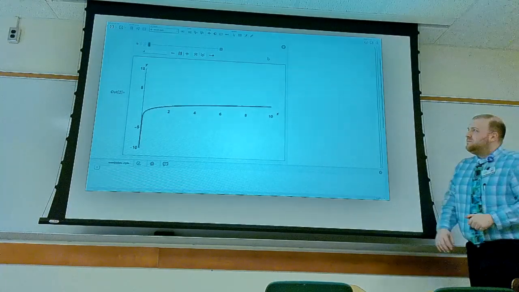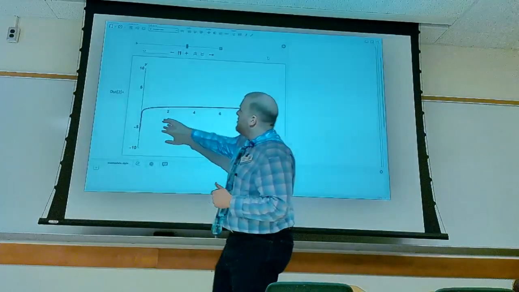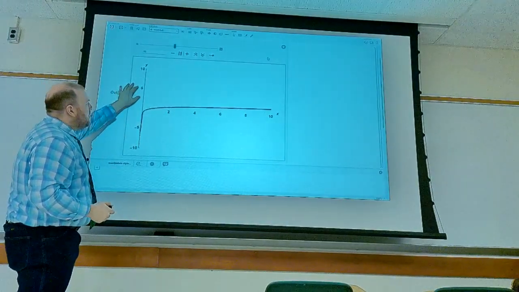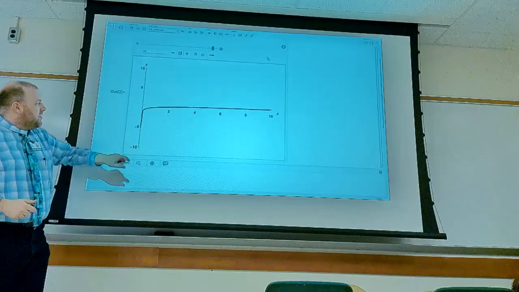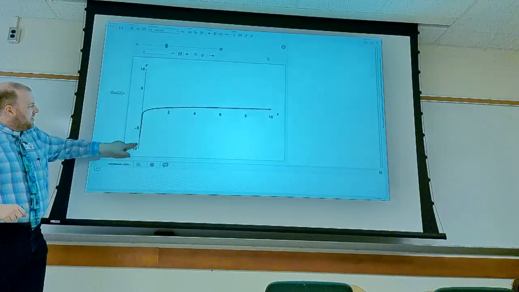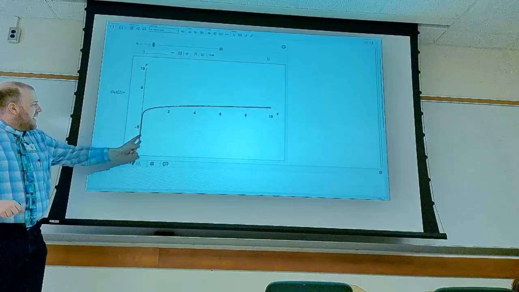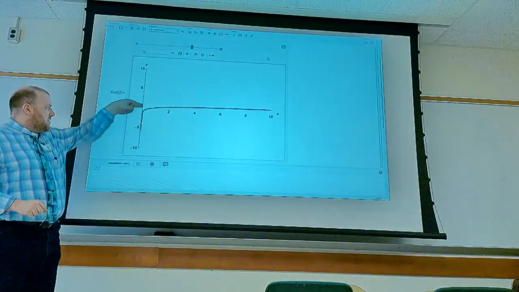As our base gets larger, we should notice a few things. This isn't actually shrinking. What it's trying to show is that it just converges to that line quicker.